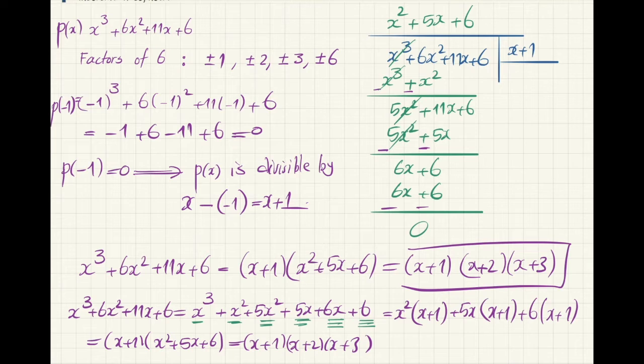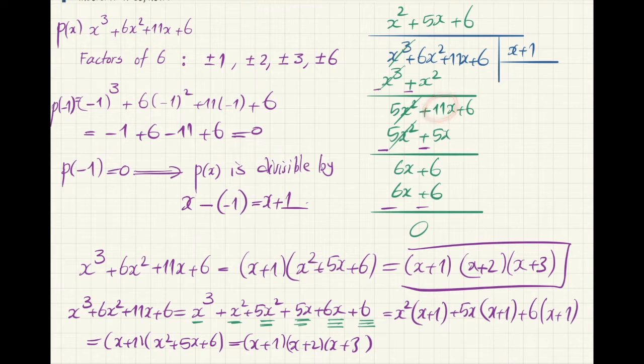You see, here I have 6x squared, which is this middle term, and then you see that I have positive x squared and 5x squared here. So this is why I immediately realized that I should write 6x squared as a sum of x squared plus 5x squared. And look, what about 11x? 11x is this term.